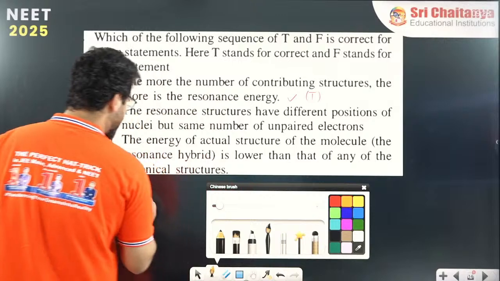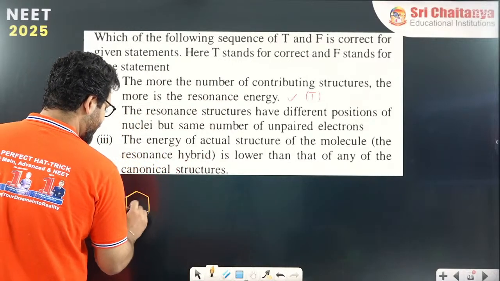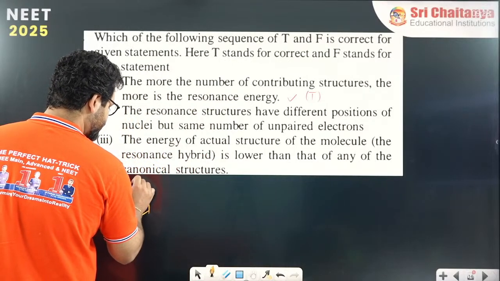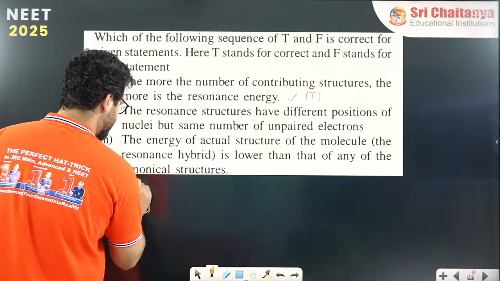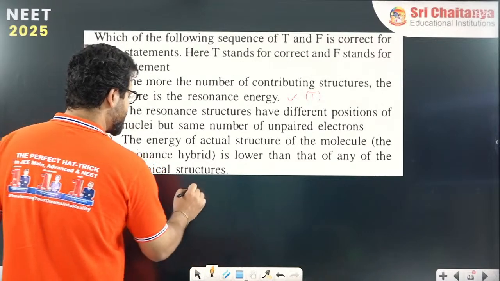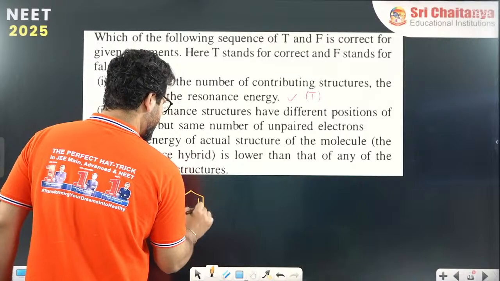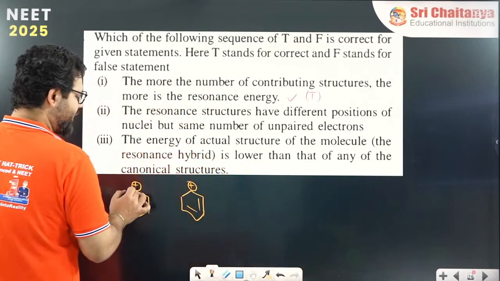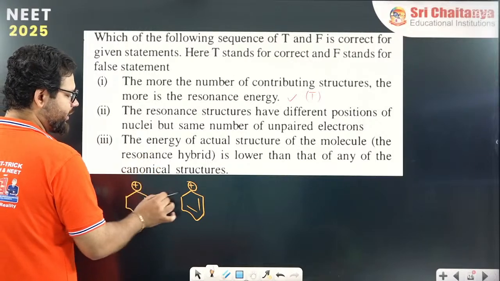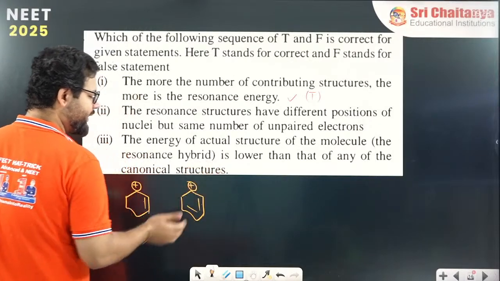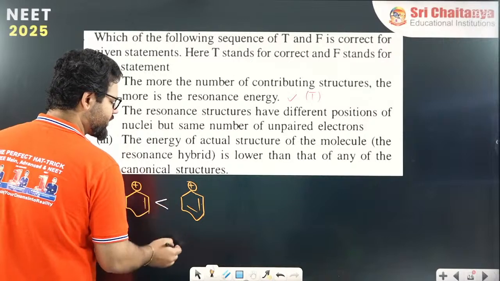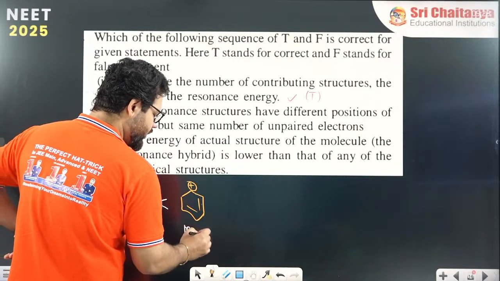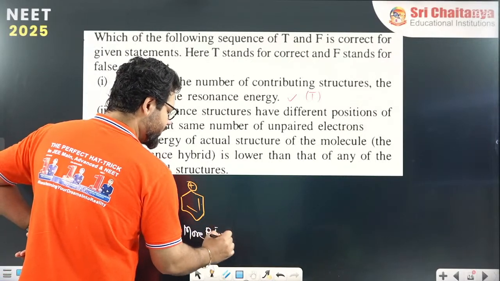For example, if I take this molecule versus this molecule, here only a single resonance will be there. Here 3 resonances are there. So this is more stable and this has more resonance energy.